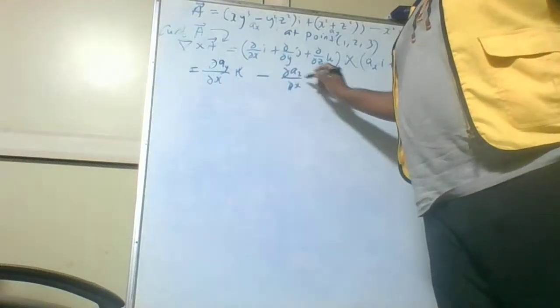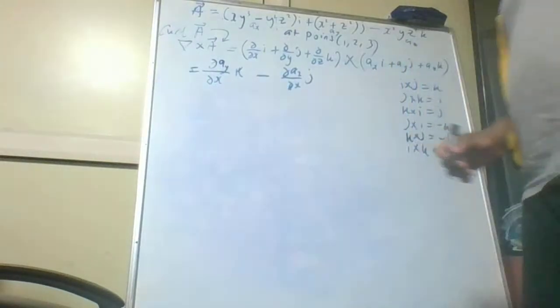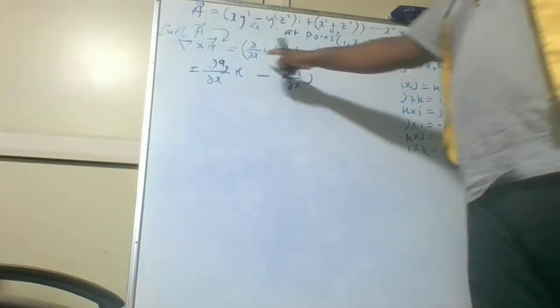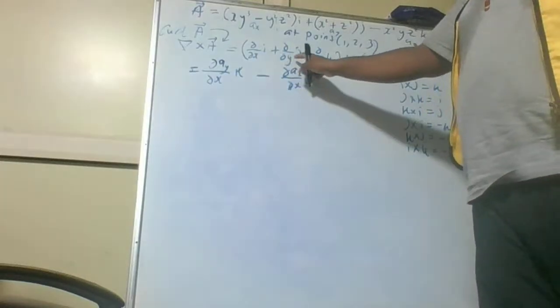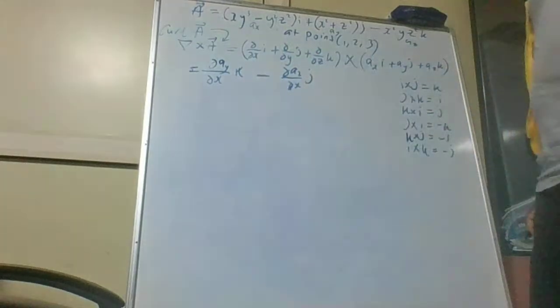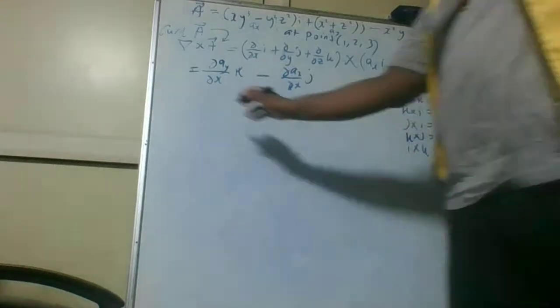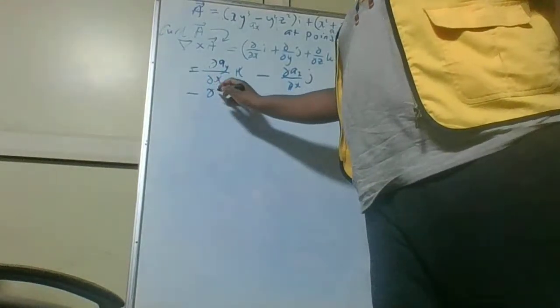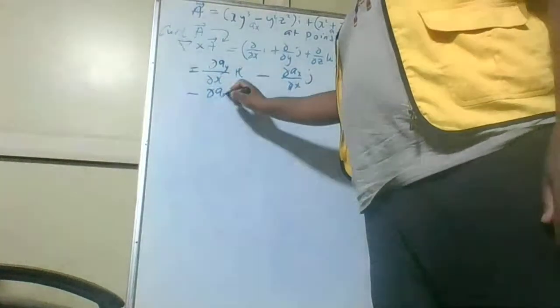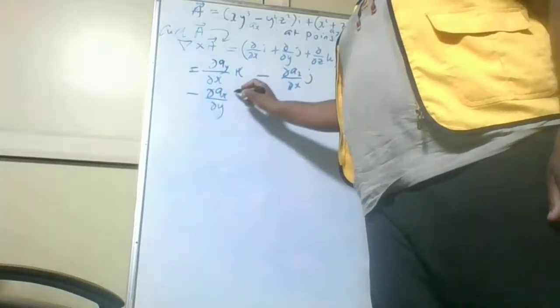So this will be negative j. So you have partial over partial y j cross ax i. j cross i is negative k. So you have negative partial ax over partial y k.